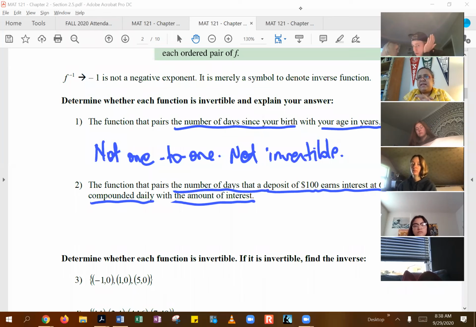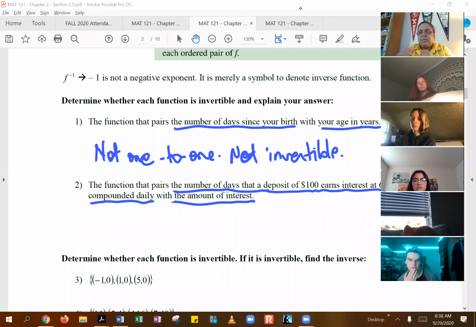So can we say this function is one-to-one or not? Well, think about this.